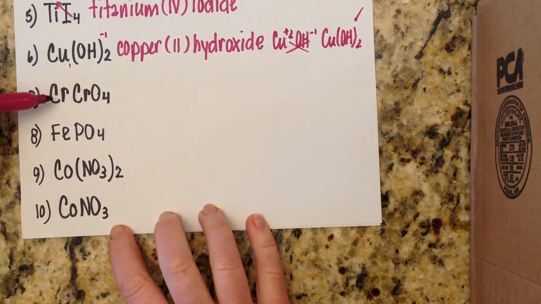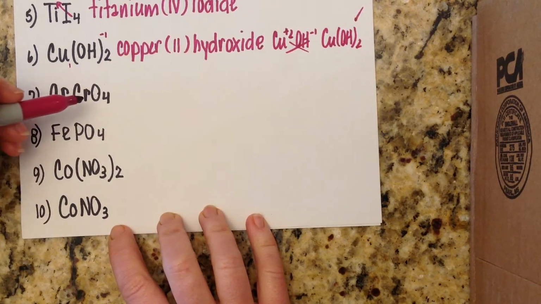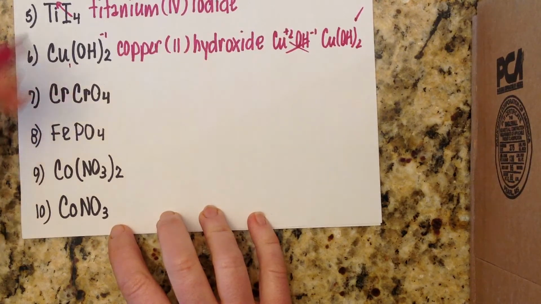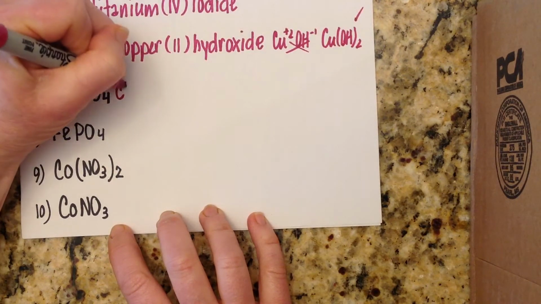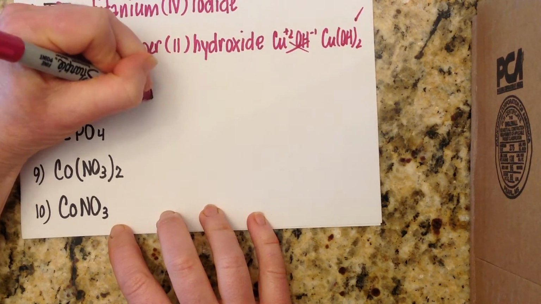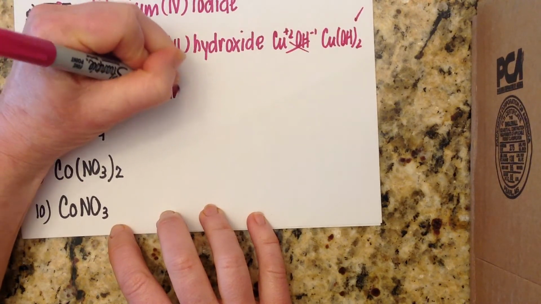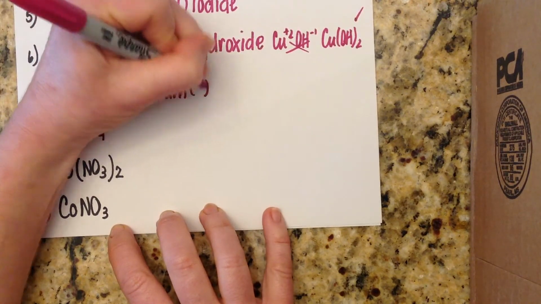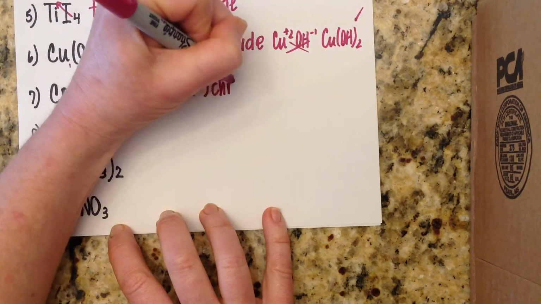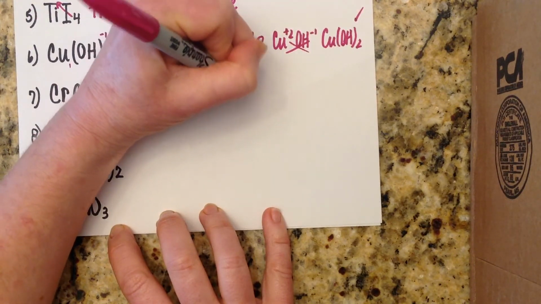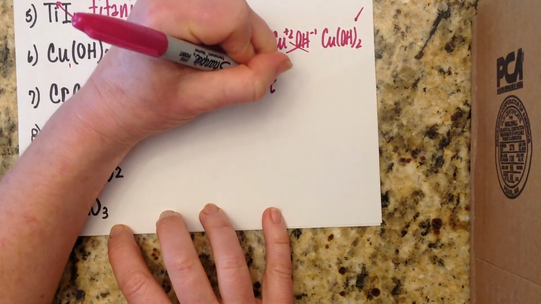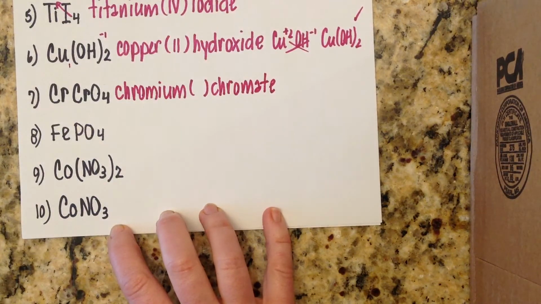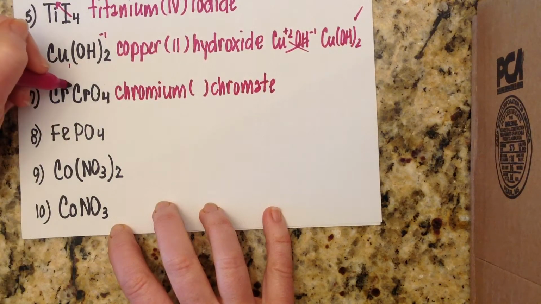Now this one has chromium and then the polyatomic ion chromate. So let's write what we know. Chromium something chromate. Now, I know that this is a polyatomic ion.